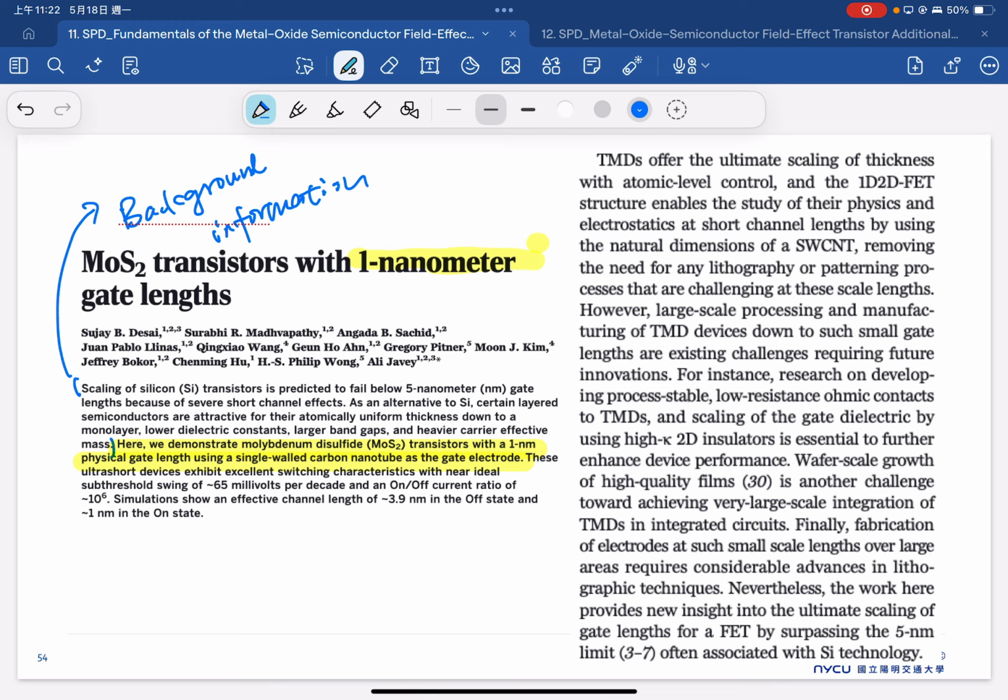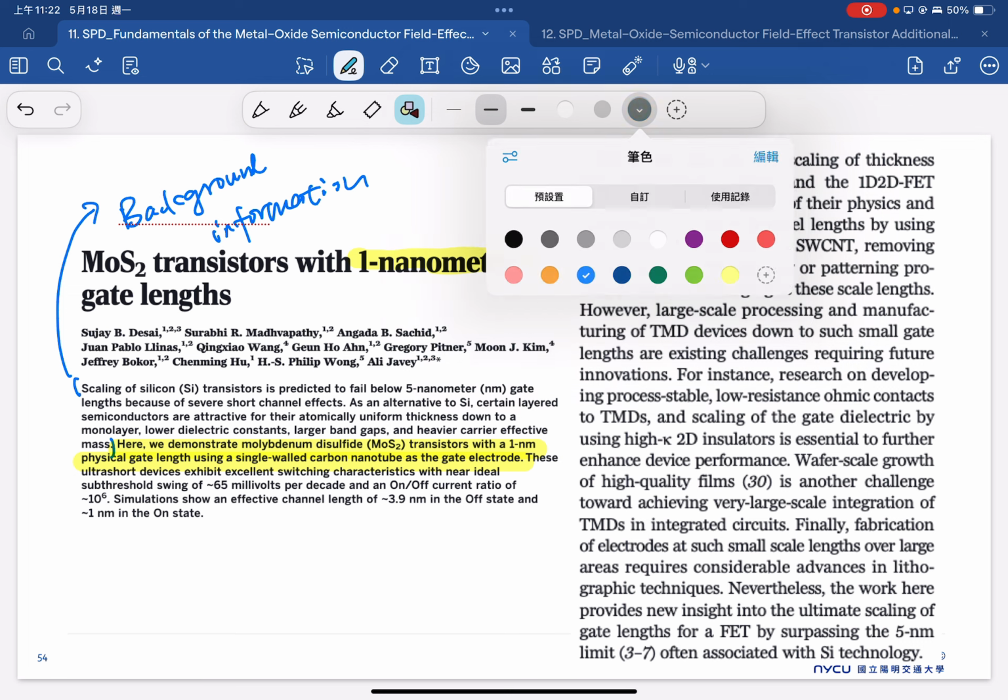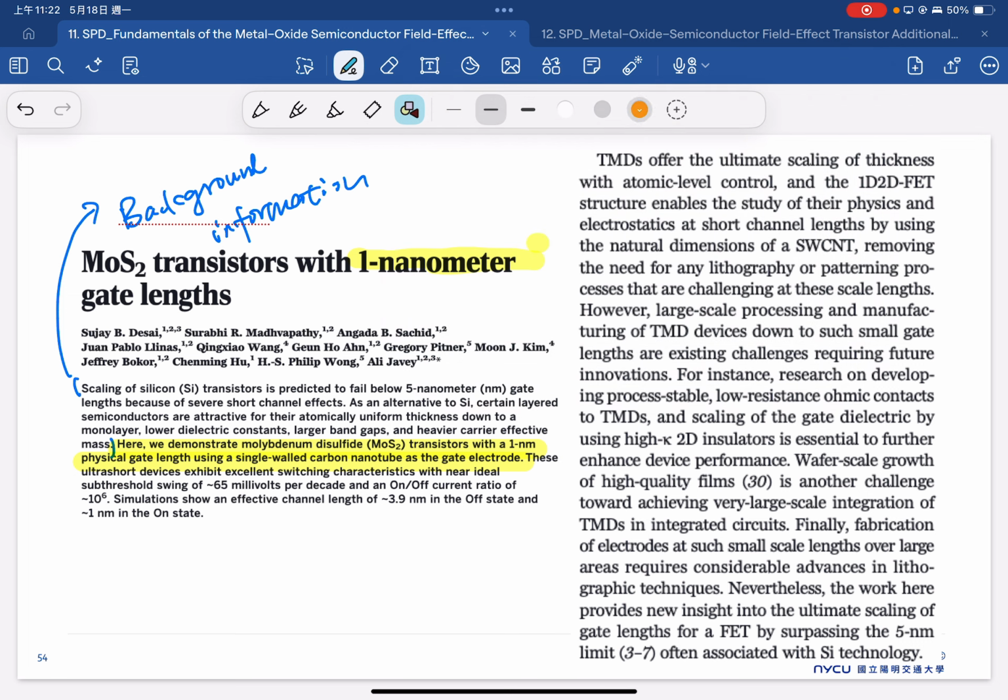I believe that if you have followed this course so far, even if you don't understand the properties of MoS2, you can understand the main result for this paper: a subthreshold swing around 60 millivolt per decade.